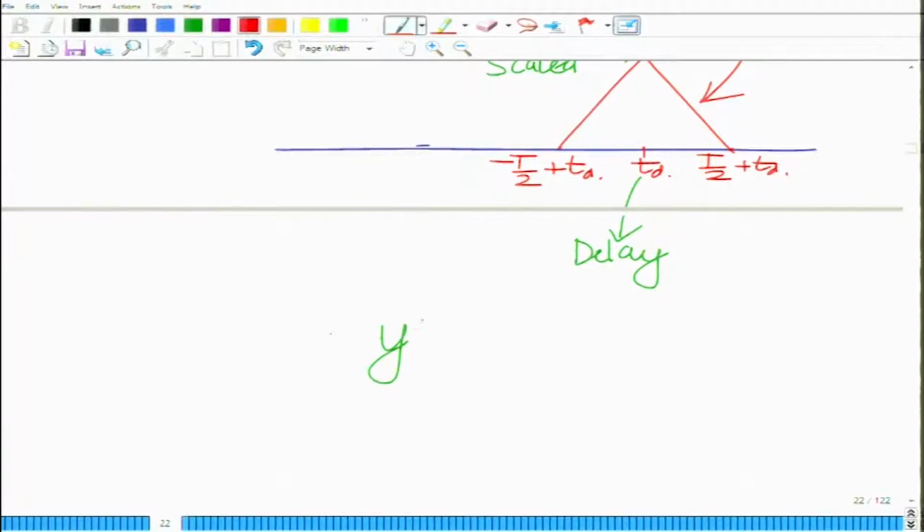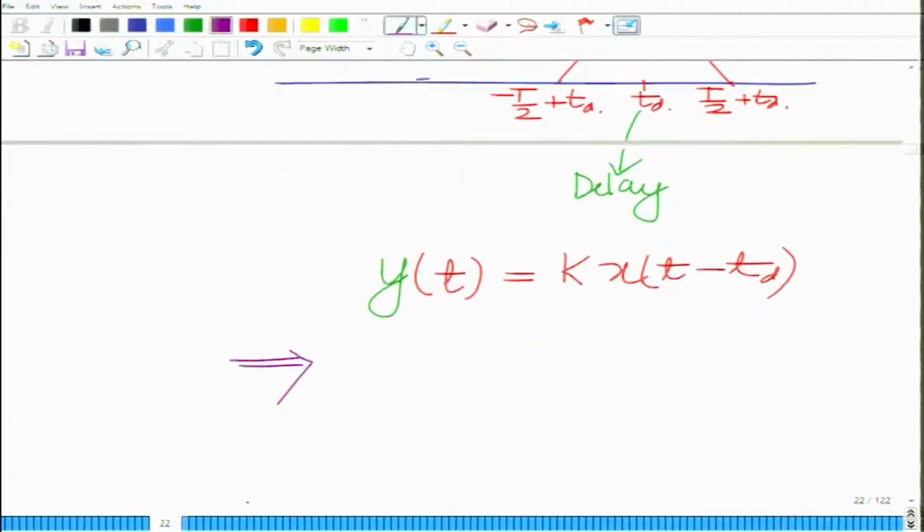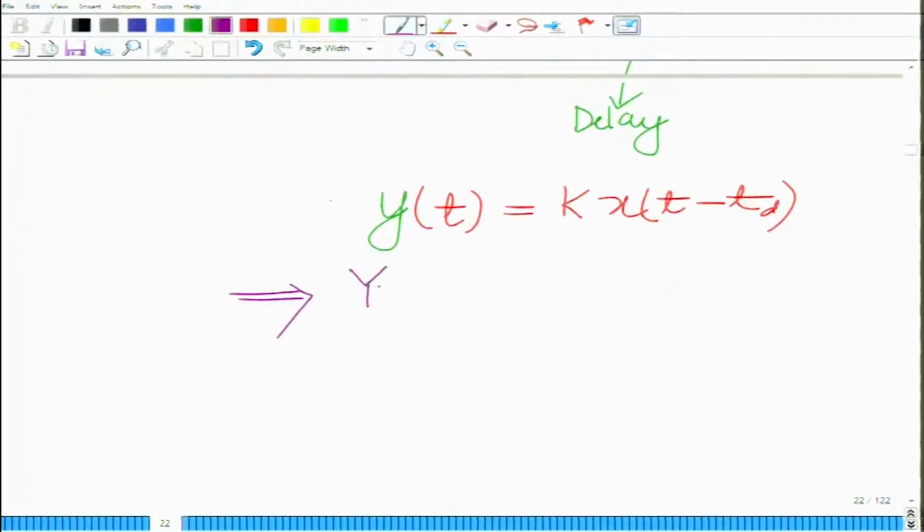Okay. Now, if you look at such a system, you can naturally see we have y t equals k times x of t minus Td, which implies that if you take the Fourier transform, you have Y of omega equals k times the delayed version of x, so the Fourier transform of X of omega times e raised to minus j omega Td.